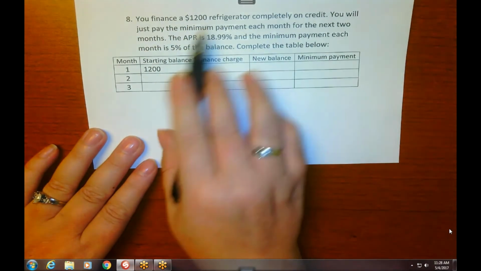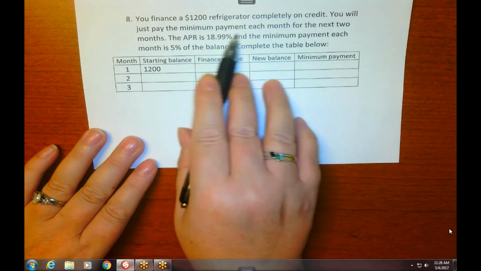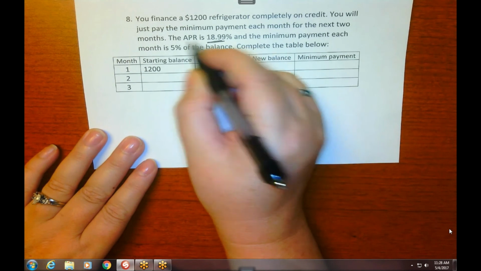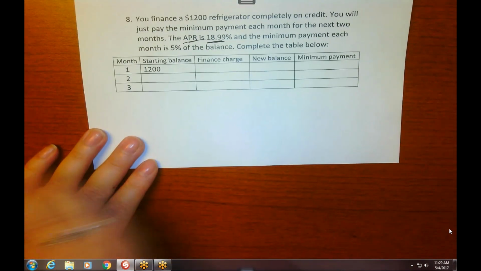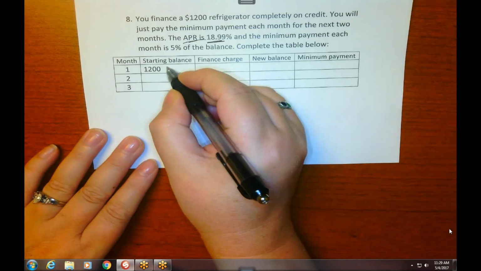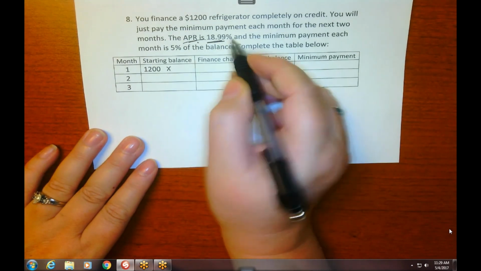You finance a $1,200 refrigerator completely on credit. You will just pay the minimum payment each month for the next 2 months. The annual percentage rate is 18.99 and the minimum payment each month is 5%. Complete the table. You're only paying monthly payments. This is annual.